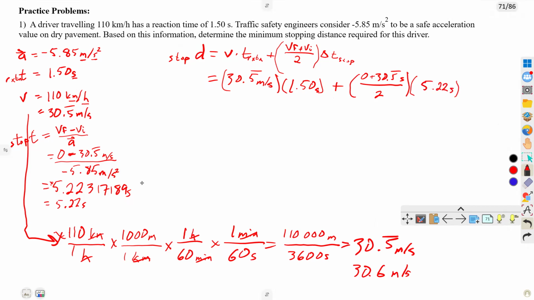But remember, we're going to use the unrounded number in our calculation there. Okay, let me just clear that out so we have space to write.